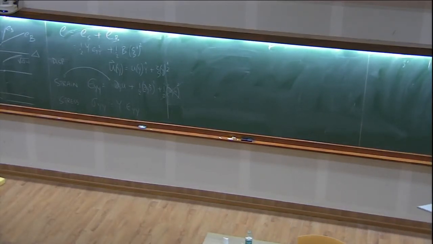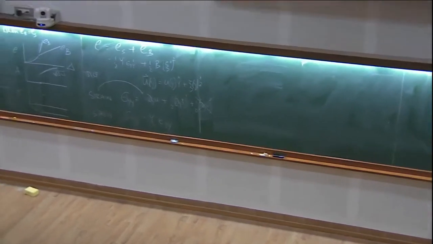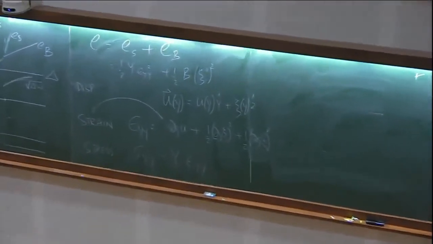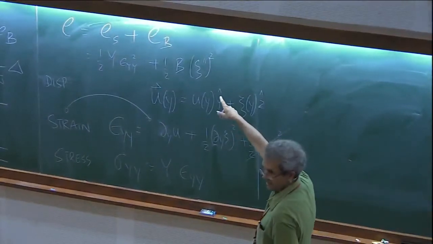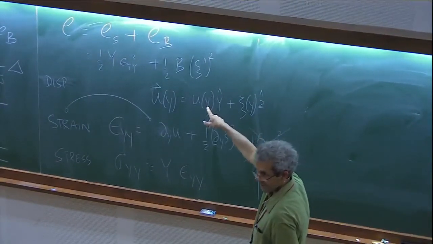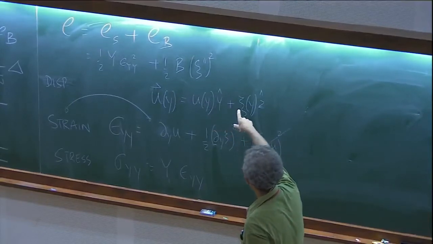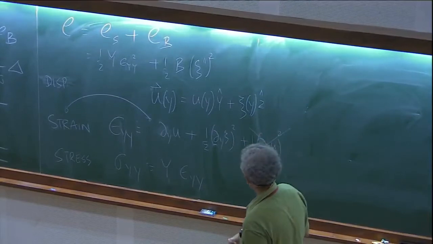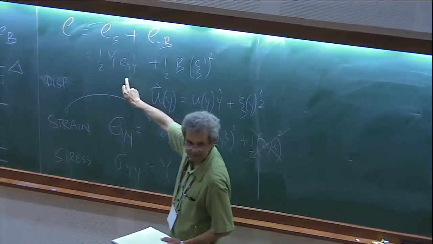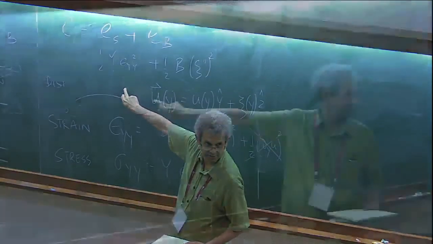Okay, writing Euler-Lagrange equations is not more difficult. It's the same thing. I want to take this thing, except I have a more complicated object in here in terms of u's.